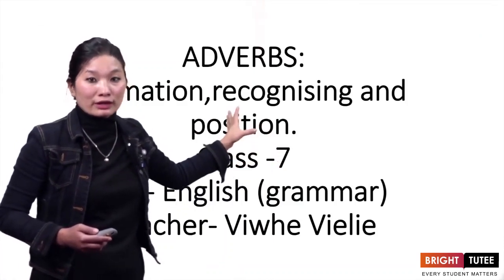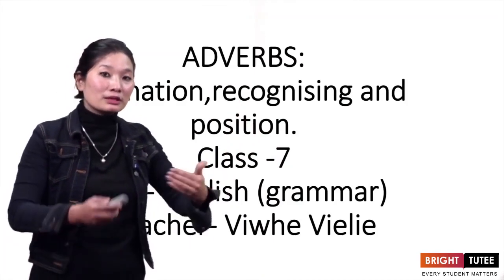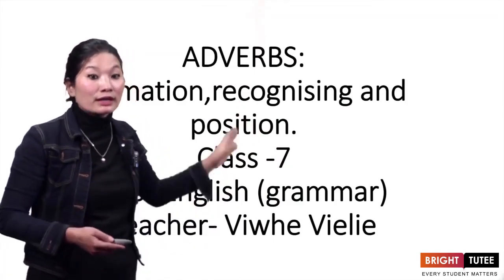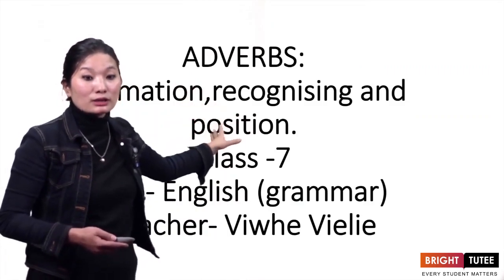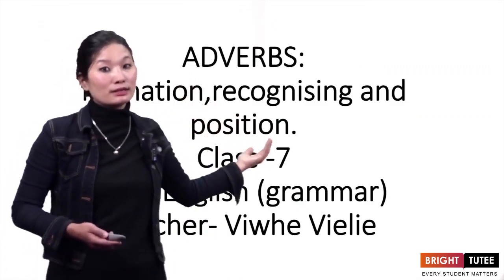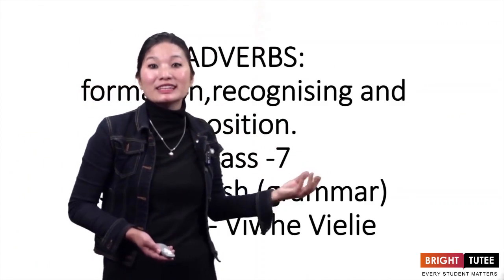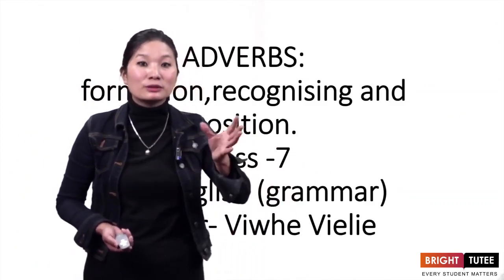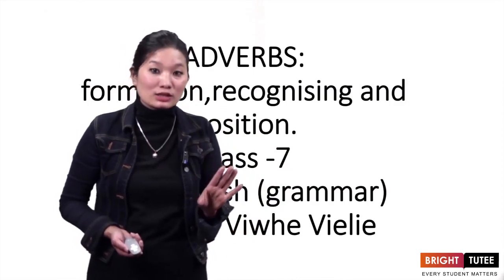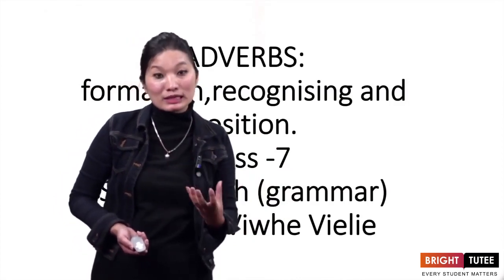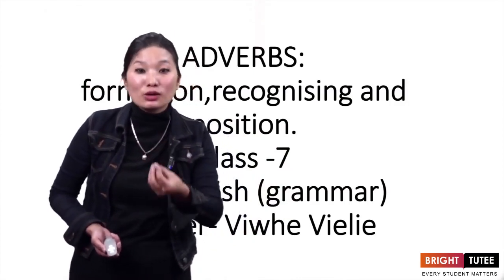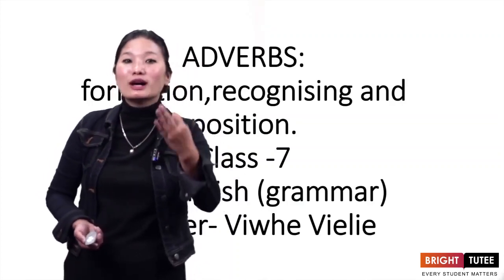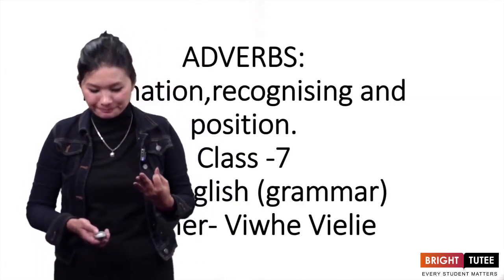Sometimes adverbs will come in between, sometimes behind, sometimes before. That is what we are going to learn in the position of adverbs. Do not think that there is a topic called adverb of position. There is nothing as such. You are just going to be taught how to form an adverb, how to recognize it, and how to know where you have to place your adverb, okay?